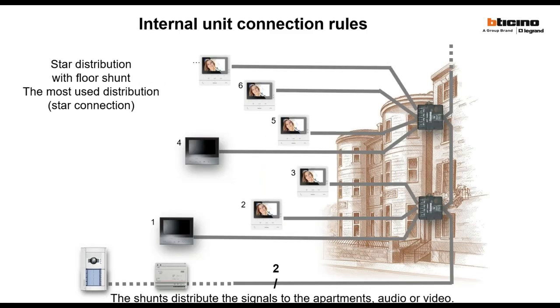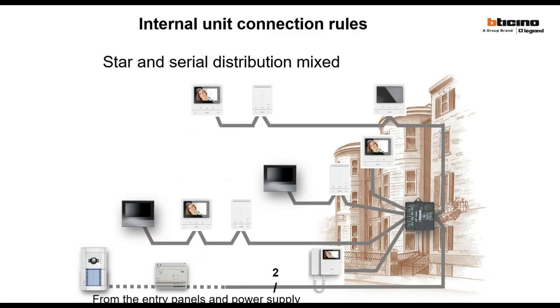The typical installation that is performed 95% of the time is the one with the floor distributor. So we have external panel, power supply, and then floor distributor with the apartments connected. In each apartment, we can have 1 or more than 1 internal unit.